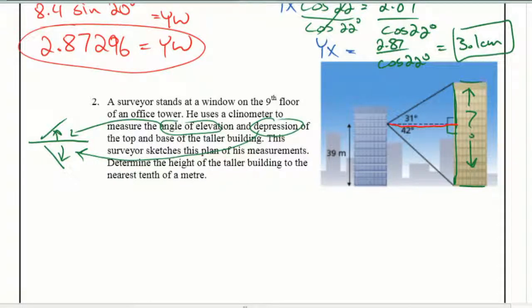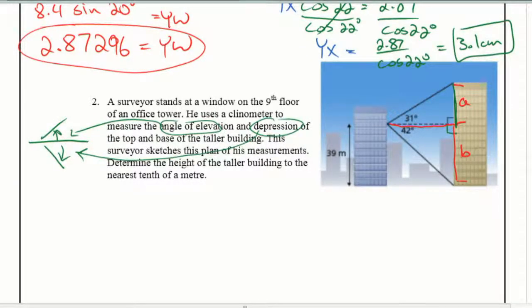So both of these triangles share the red side. If I could figure out this piece here and then this piece here and add them together, then I could figure out how tall that building was. So let's maybe call it A and B. So we'll call this top piece A, we'll call this B, and then we'll go from there.